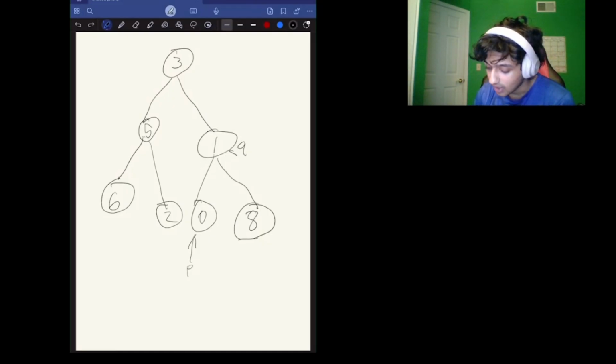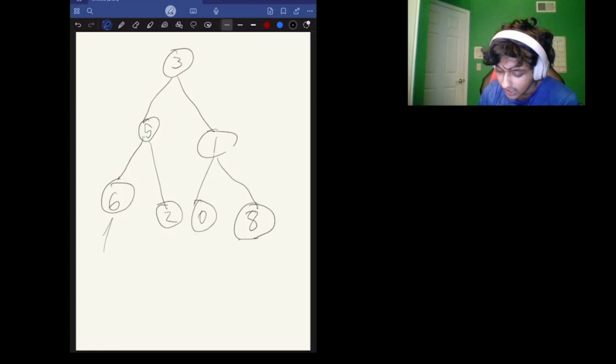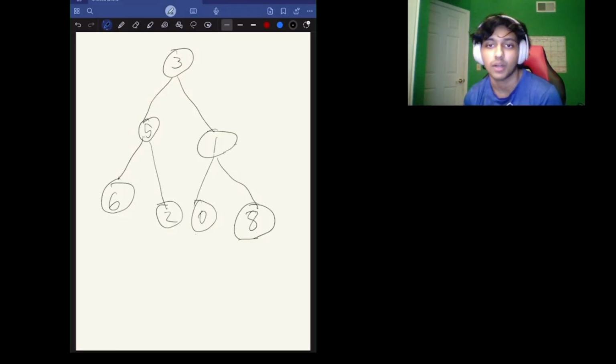If this was P and this one's Q, then the lowest common ancestor would be this, and so on and so forth. Hopefully you got the idea of what exactly we're trying to find in this problem.